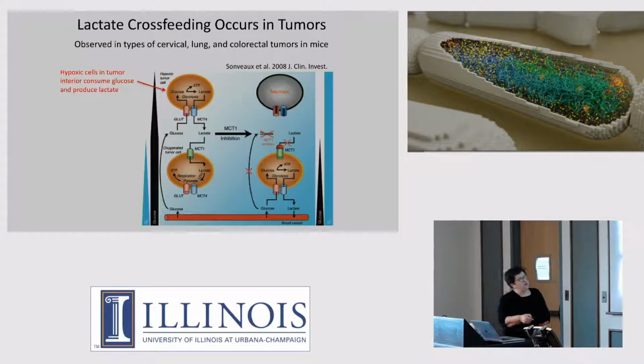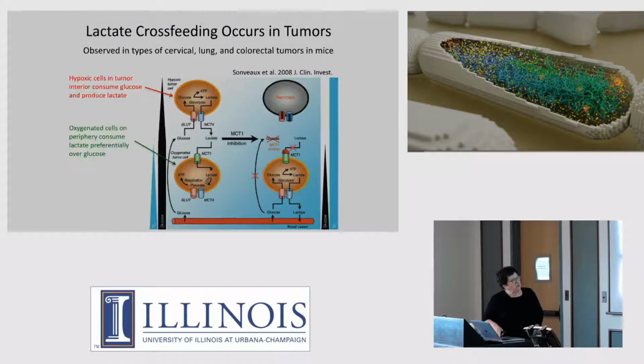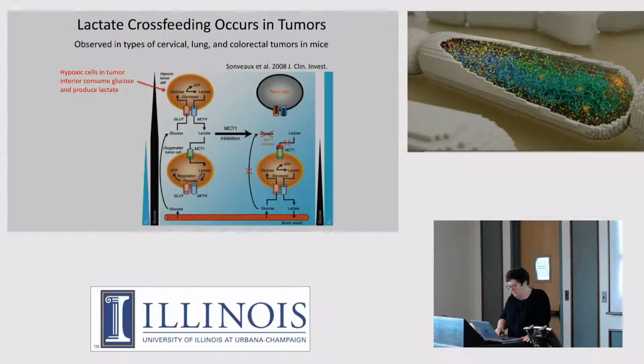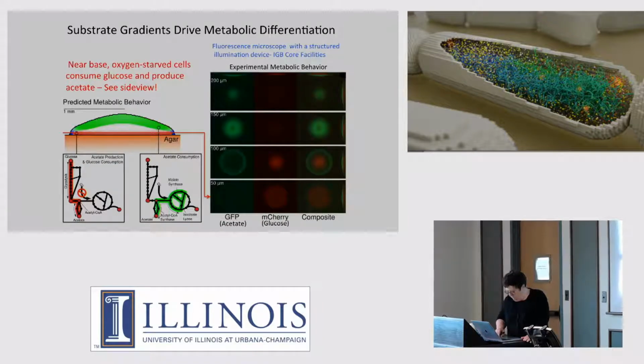One of the strategies that this fellow came up with, and he now has a patent on it, is to try to block the use of the lactate by these other cells, and that then slows the growth of the tumor. So if you look under lactate cross-feeding, you'll find this fellow's patent. It can be extremely helpful in trying to understand these things.